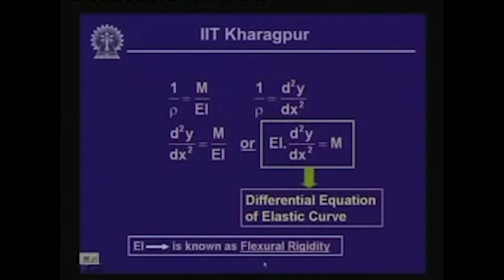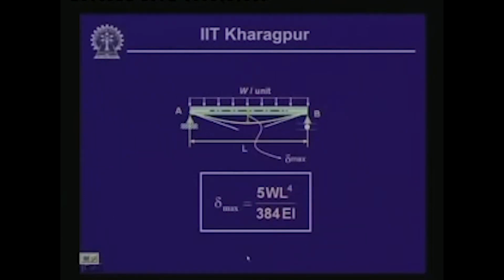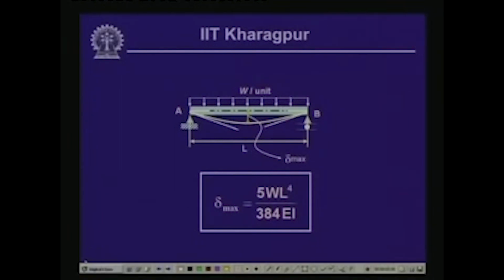Now, last time we had evaluated the expression for the elastic curve and subsequently the deflection at different points. For a simply supported beam, when the load is W per unit length along the entire length of the beam, the expression for the elastic curve is obtained from the expression EI d2y/dx2 equals the moment.